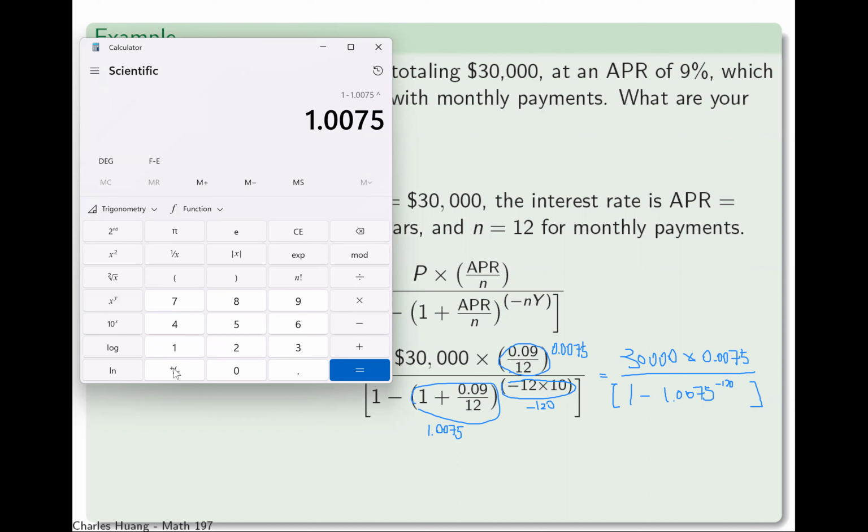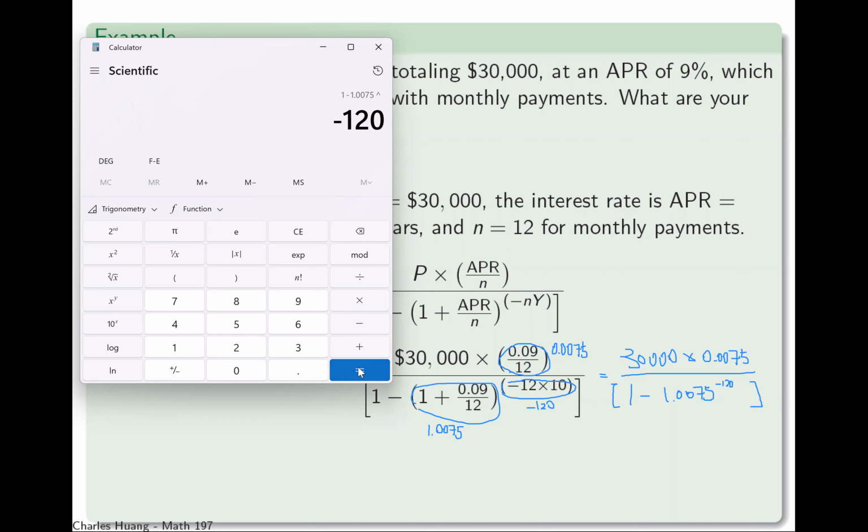Now, you should try this in your calculator. Depending on your calculator, you have to put in the negative sign at a different time. For most calculators, the negative sign and the subtraction sign are different. You cannot use the subtraction sign in this case. For most calculators, the older versions at least, you have to put in the number first, 120, before they allow you to add a negative sign to it.